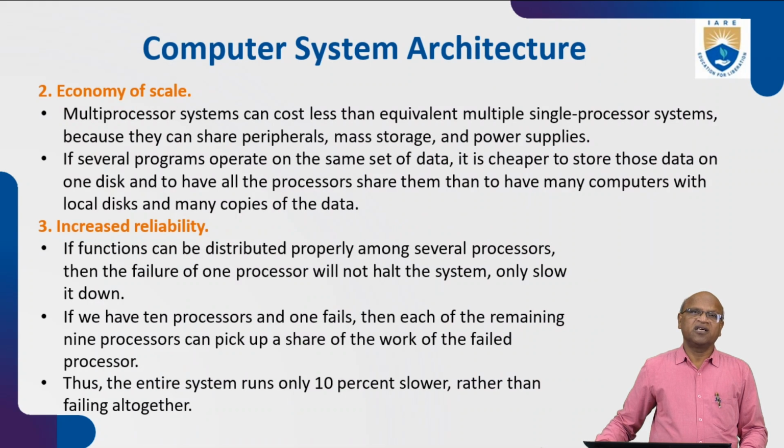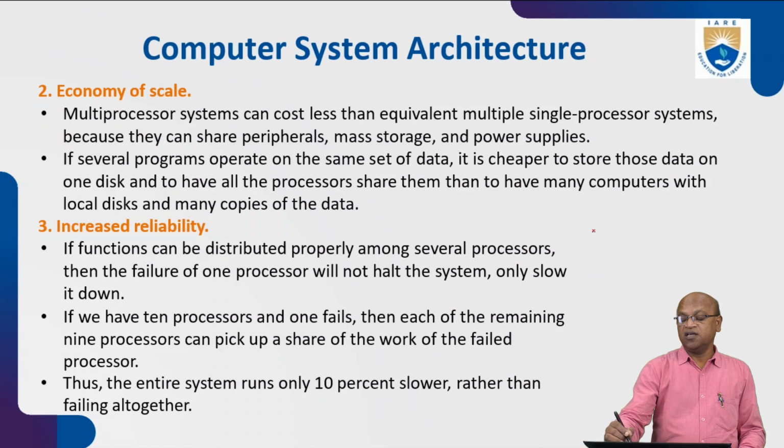Economy of scale: multiprocessor systems can cost less than equivalent multiple single-processor systems, because they can share peripherals, mass storage, and power supplies. If several programs operate on the same set of data, it is cheaper to store that data on one disk and have all processors share it than to have many computers with local disks and many copies of the data.